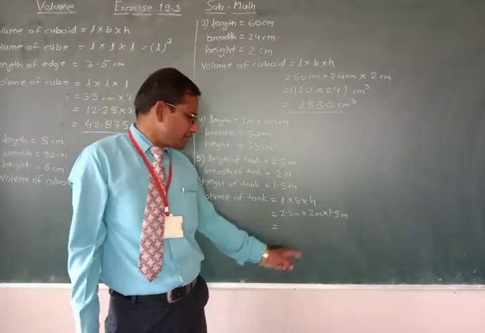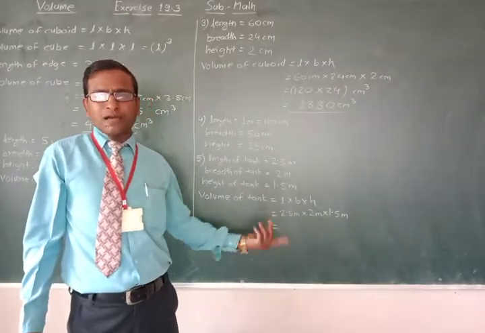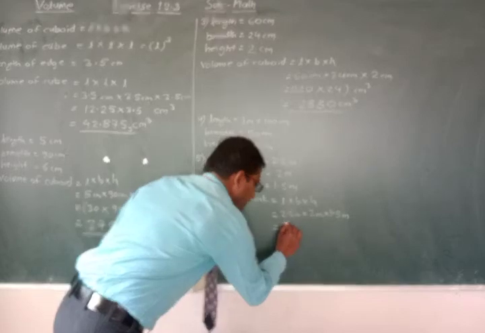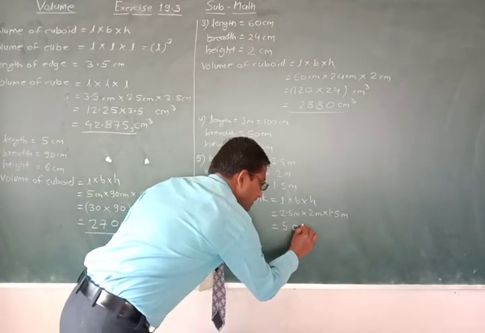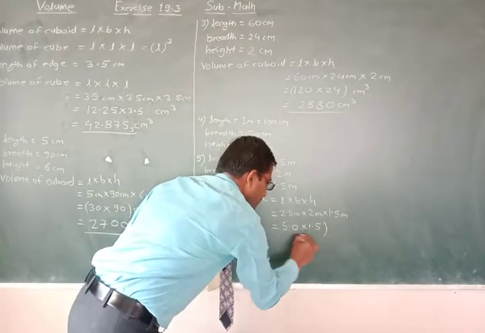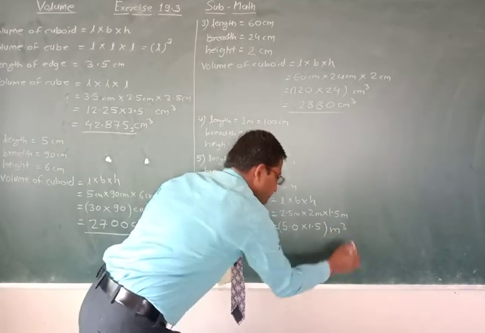Decimal point after 1 digit. So 5.0. 5.0 multiplied by 1.5 meter cube.